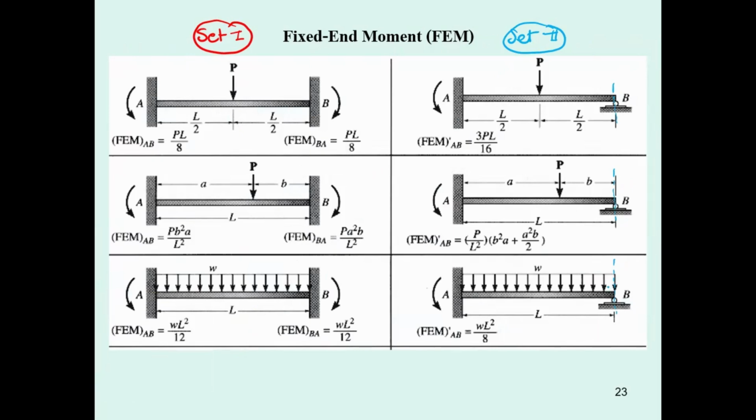The set 1 is the general equation, with the start of the equation being 2EI over L, which is the general form of the slope deflection equation. The set 2 is just for specific cases, far end pin or far end roller, and this equation will start with 3EI over L.